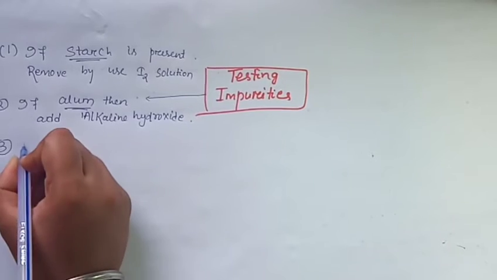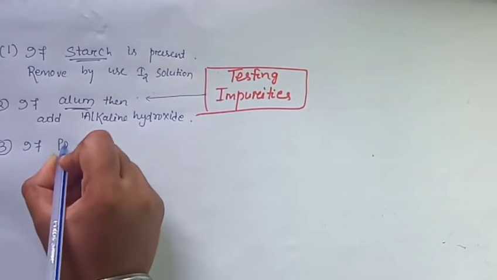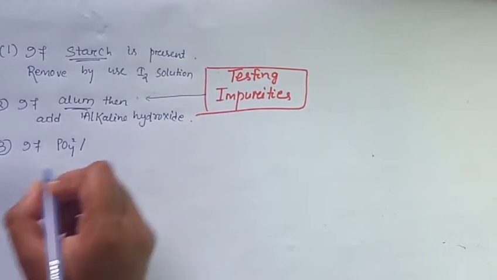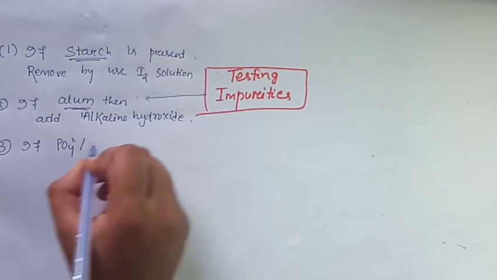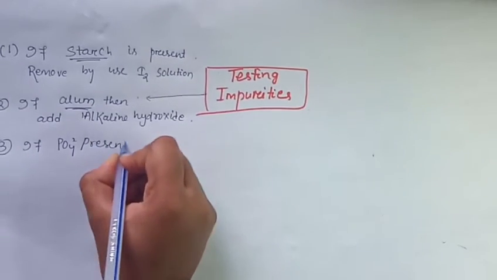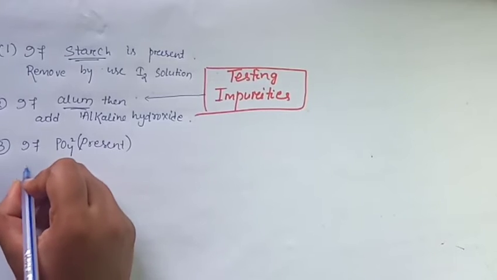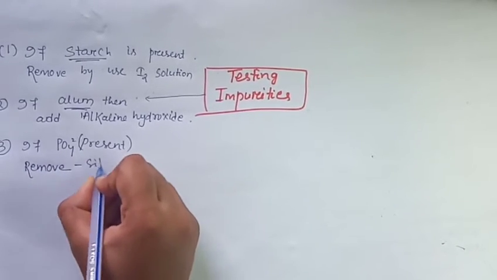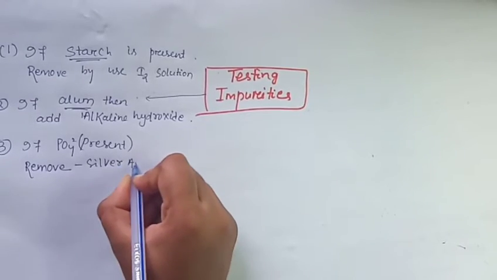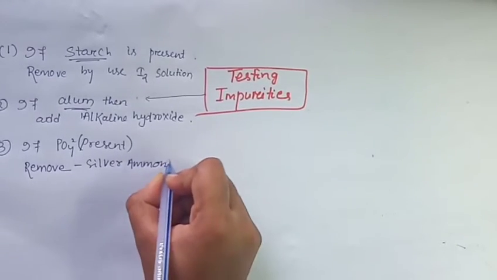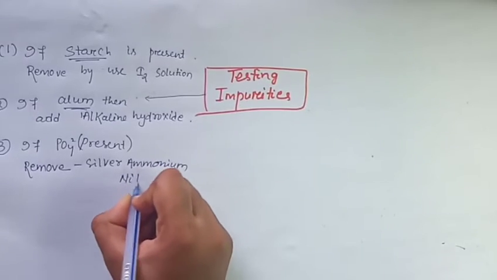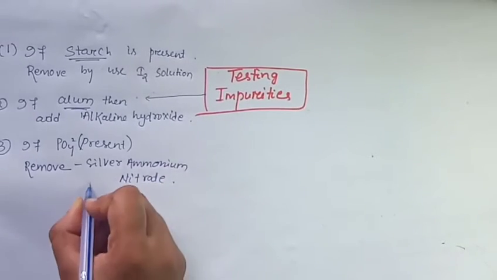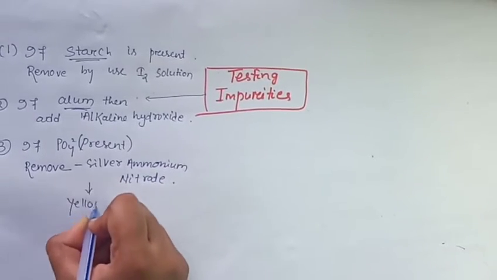Then if any phosphate or phosphate solution is present, we can remove it by adding silver ammonium nitrate, so that we get a yellow ppt.